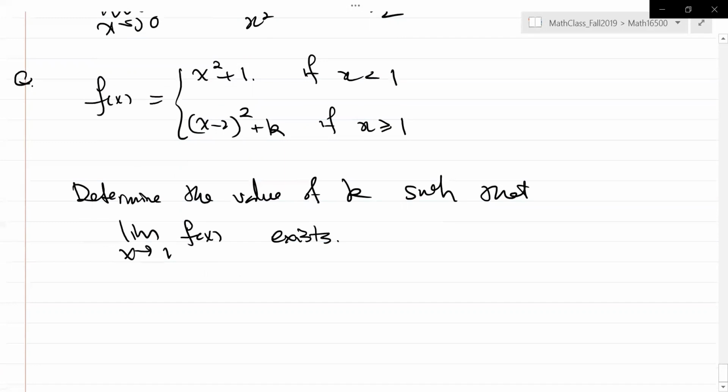And that means the limit of the function exists. Exists is equivalent to saying that the right hand limit equals the left hand limit.